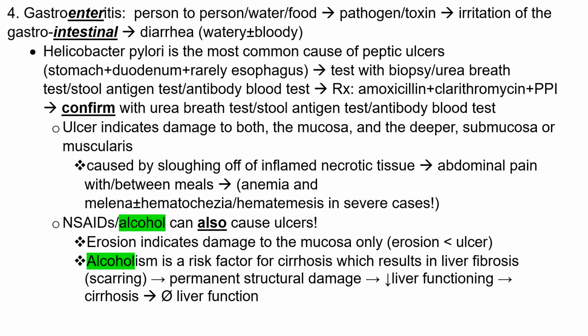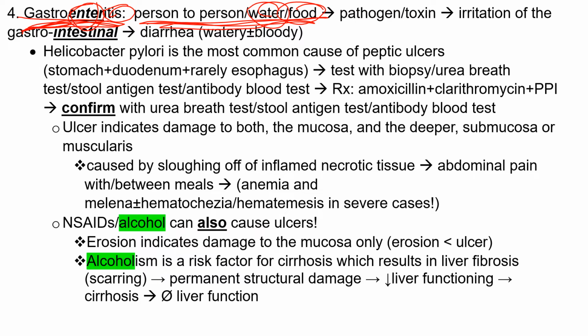Let's talk about gastroenteritis. Gastroenteritis is inflammation of the enteron, the intestines, and the stomach. Person-to-person transmission is very common. Water can be a source of infection. Food can be a source of infection. If something is passed via food or orally, we say fecal-oral, right?